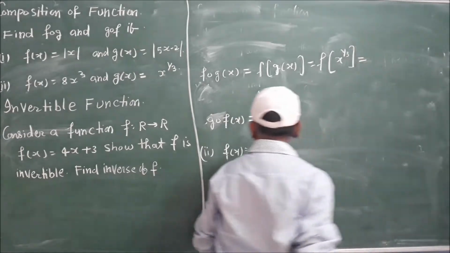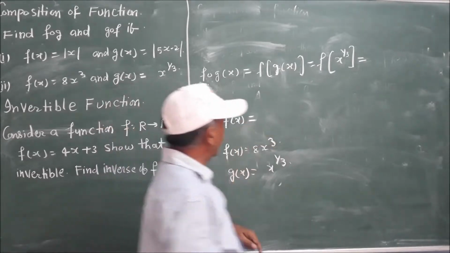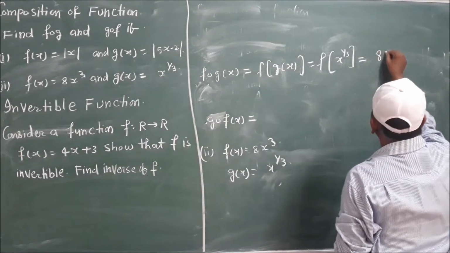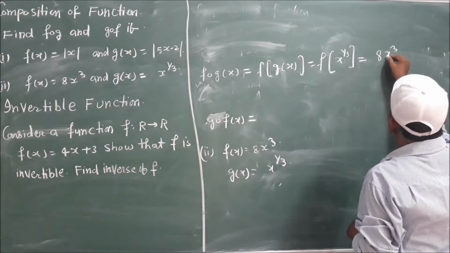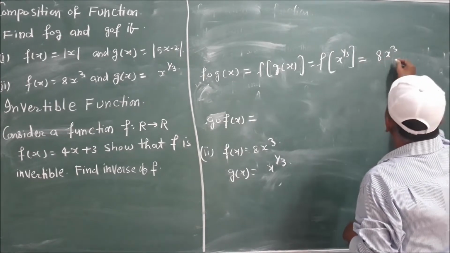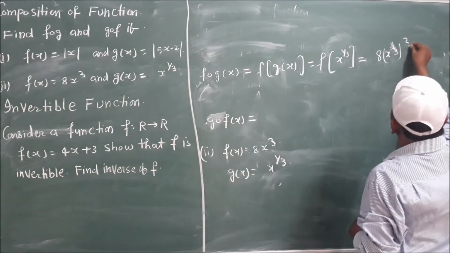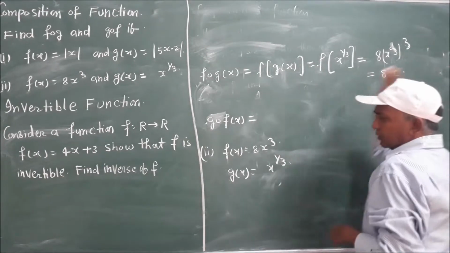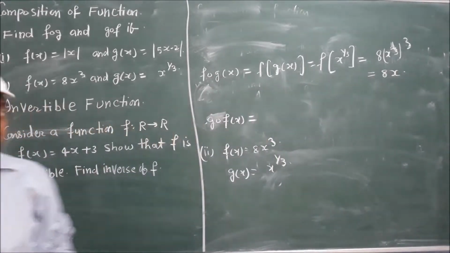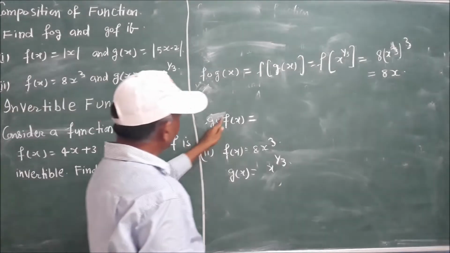So f x is equal to 8 into x to the power 1 by 3, the whole cube, like this. So this is nothing but equal to 8x. So f of g x is equal to 8x.